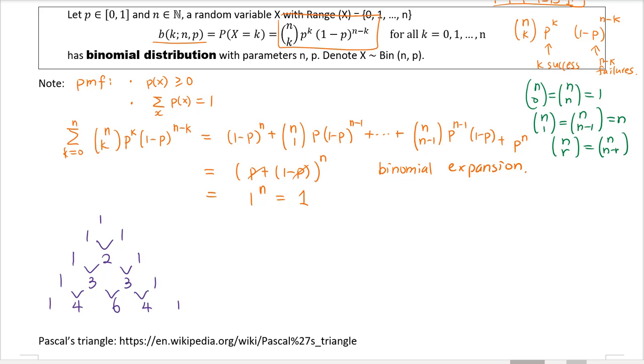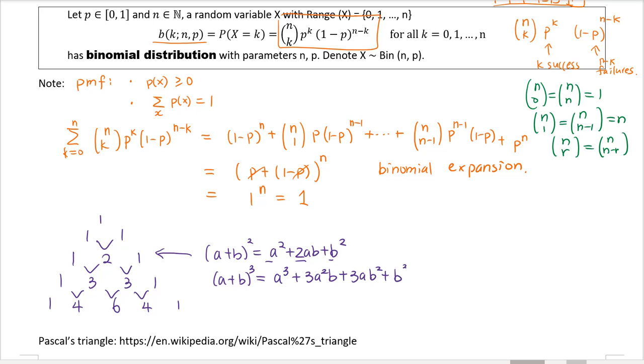What do these numbers mean? If you remember, a plus b squared is a squared plus 2ab plus b squared. You can see the coefficients are 1, 2, and 1, which correspond to the coefficients in this row. Next, a plus b cubed is a cubed plus 3a squared b plus 3ab squared plus b cubed, and the coefficients correspond to this row.